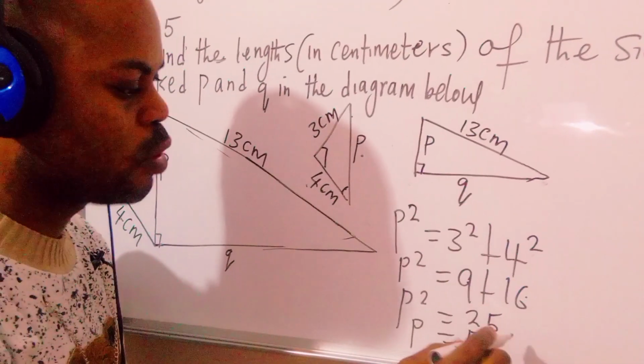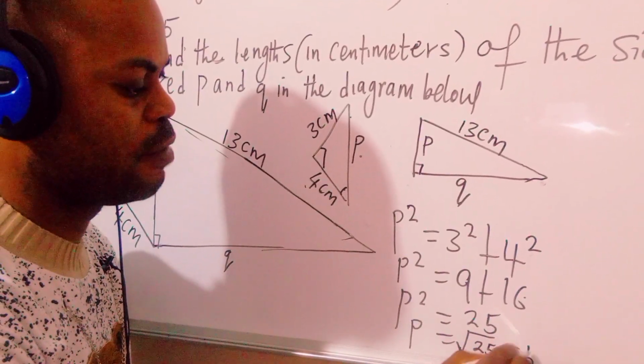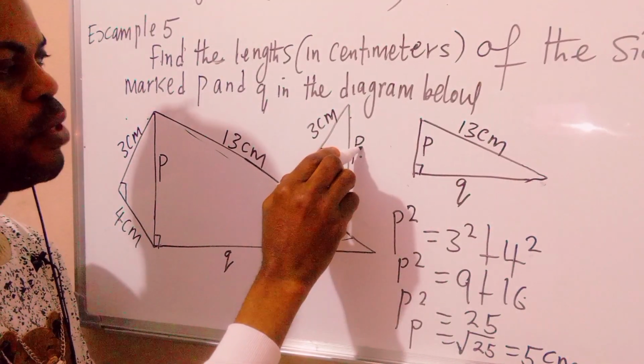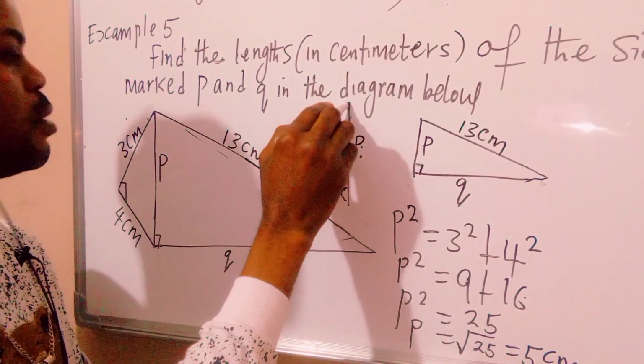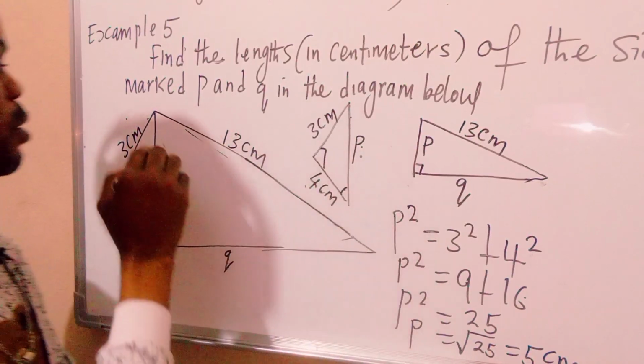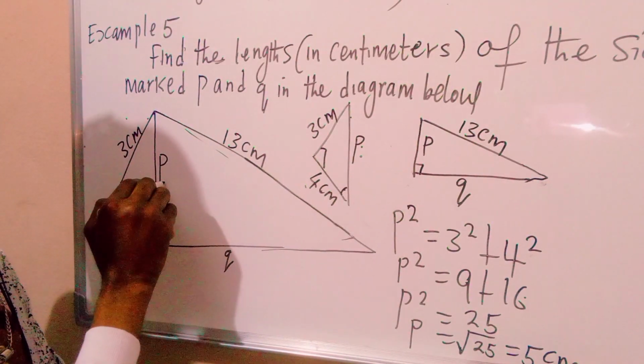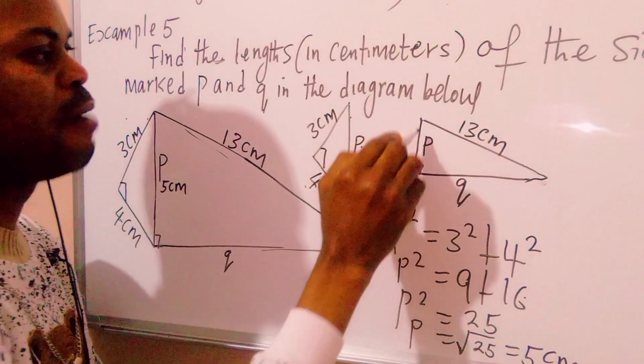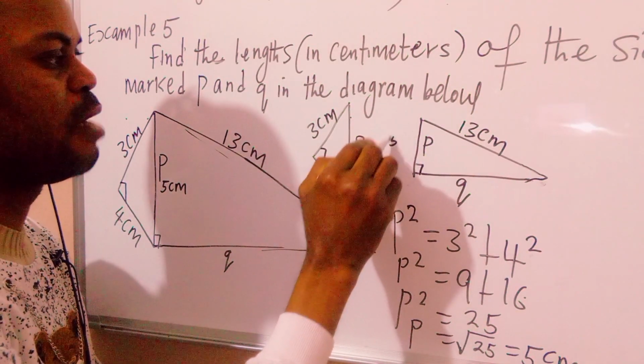The square root of 25 will give you 5. In other words, 5 centimeter. So having gotten our little p, this side of the triangle, you can then replace it with 5 centimeter. So we now have this side of the triangle, which is 5 centimeter.